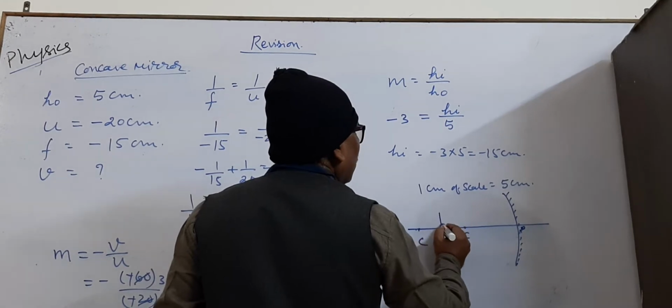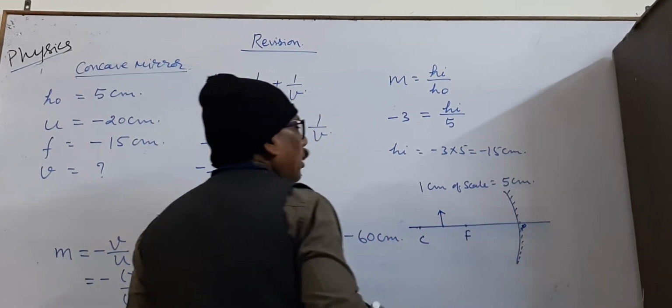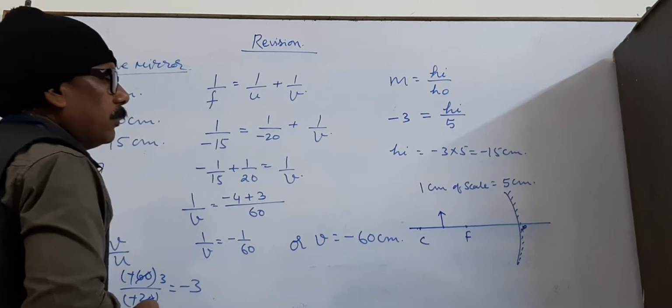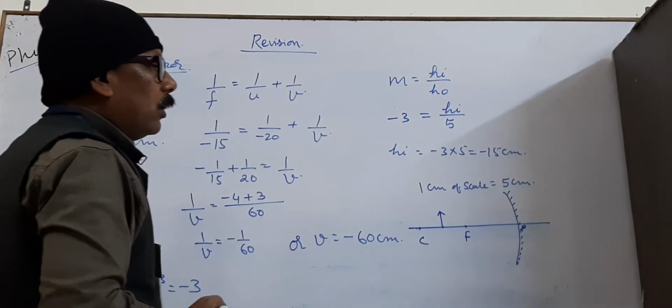You take 1 centimeter height object, because scale is 1 centimeter equal to 5 centimeter, and then you can draw the ray diagram.